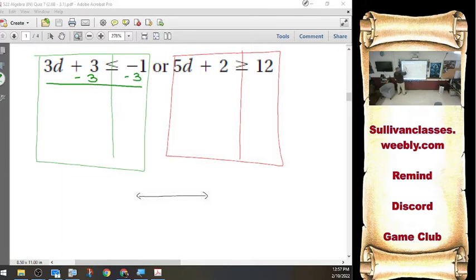Subtract 3. Getting 3b is less than or equal to negative 4. Okay. Subtract 2. Get 5b greater than or equal to 10. Divide by 3, divide by 5.